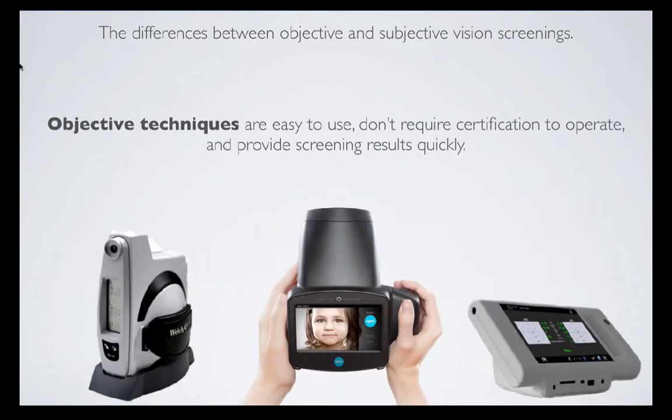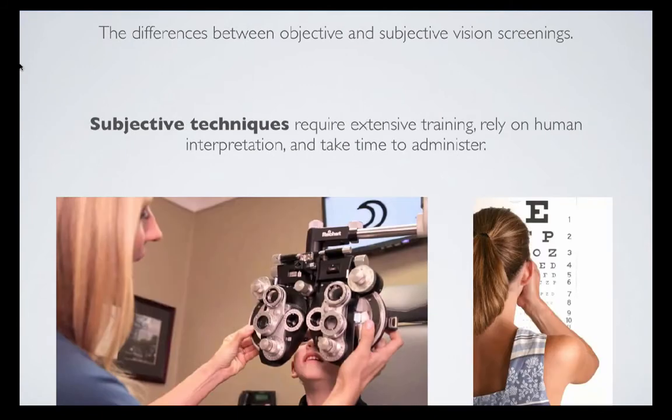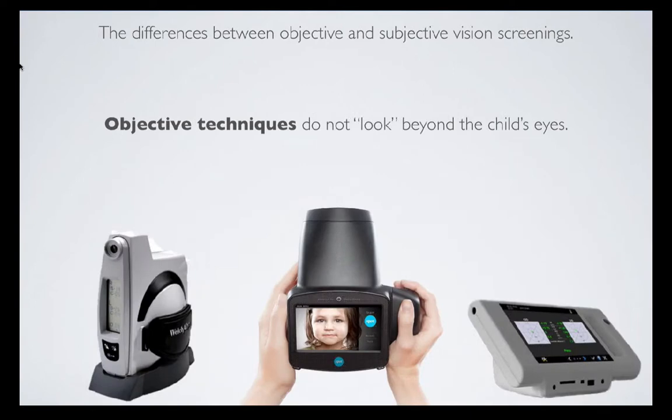It's very different. So objective techniques have advantages, though, because they're very easy to use. They don't require certification to operate or administer vision screening, and they're very fast. Subjective techniques, you guys really have to be extensively trained. Like I had already mentioned, there's a lot of interpretation involved, and they do take time to administer.